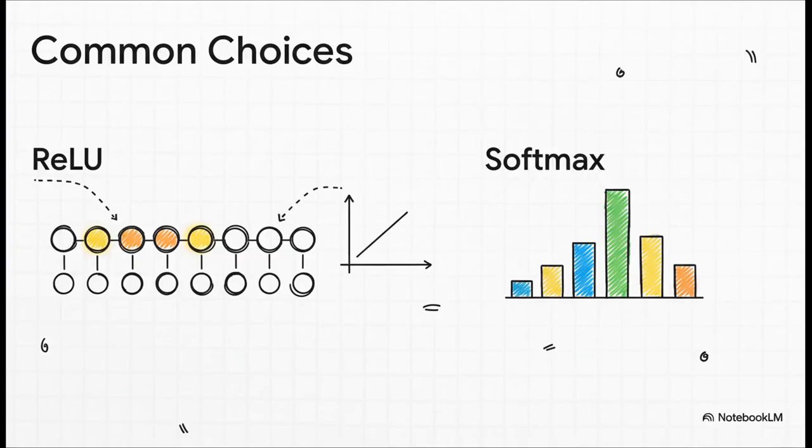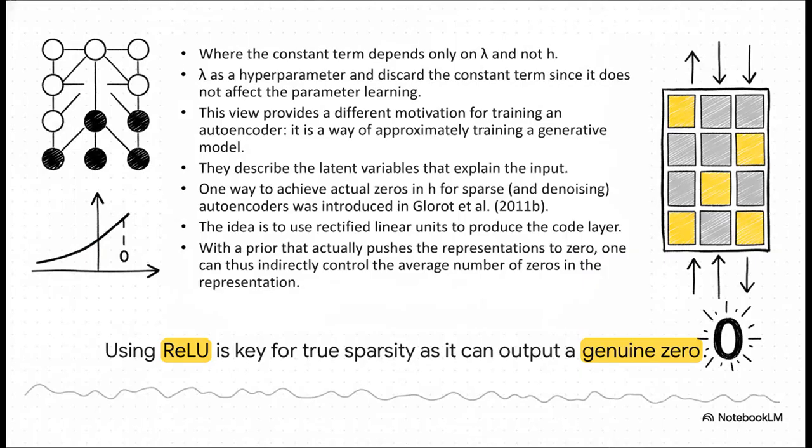So, the sources we looked at point to two really common ones. First, there's ReLU, which stands for Rectified Linear Unit. This one is a big deal for those sparse autoencoders we were just talking about. Then you've got softmax. This one's your go-to for the very last layer when you're trying to classify things into different buckets or categories. And here's why ReLU is so special for sparsity. Look at the graph.